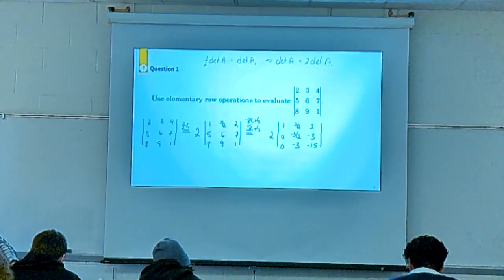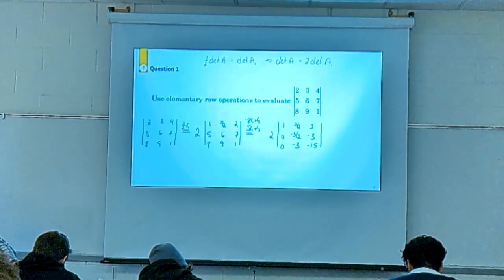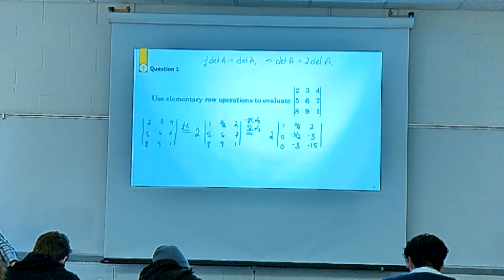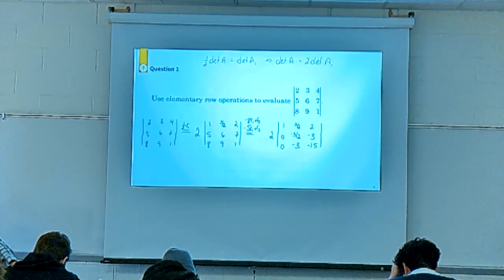Getting rid of that -3 is fairly simple, even with the fraction. So I won't actually worry about making that -3/2 a 1. It'll just be, what, -2 row 2 plus row 3?